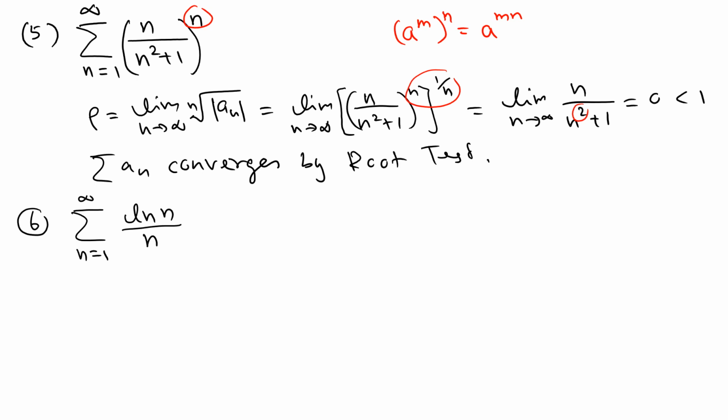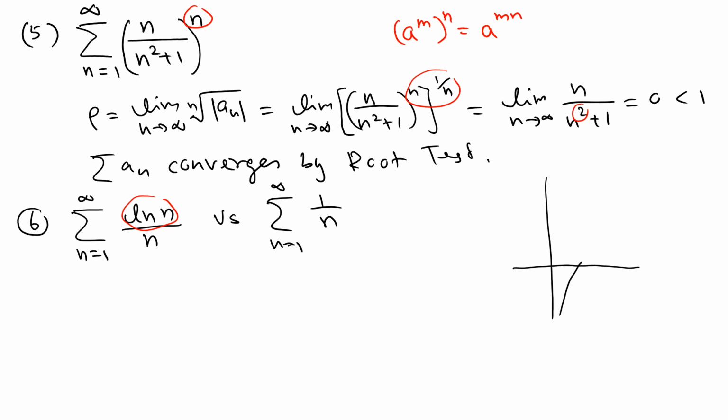So let's try the direct comparison. We're going to replace this ln n by 1. That means we're going to compare this with the series from 1 to infinity of 1 over n. Now we're going to look for some information. Let's look at the graph of natural log. This is a common trick that we use.